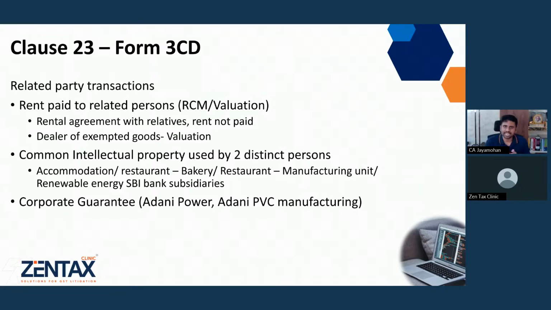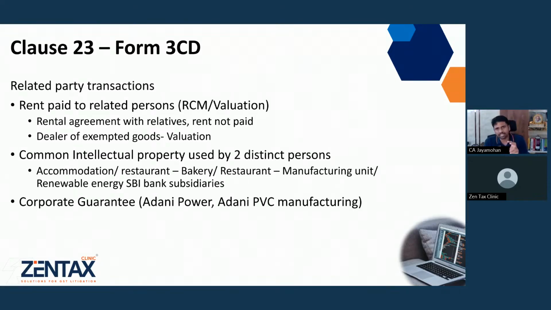On the other side, they have sweets and snacks which charge 12% GST along with input tax credit. When these two businesses operate in the same premises, there are many chances that common inputs and common input services might be used. So for all those reasons, it is very essential to have a detailed analysis of the related party transactions.